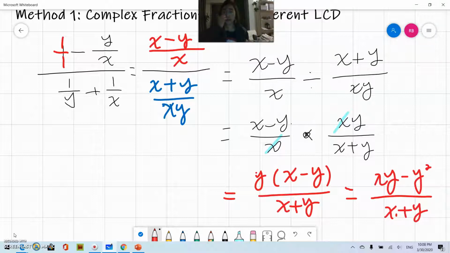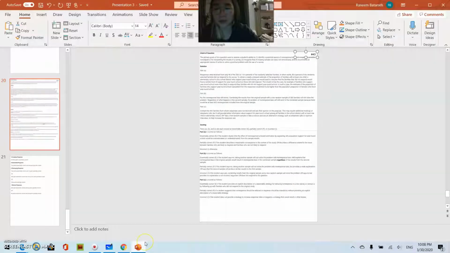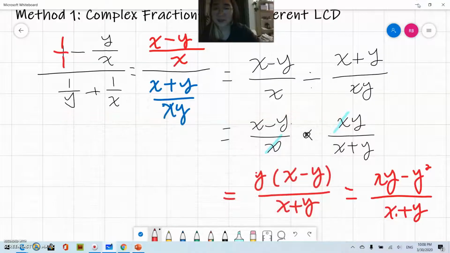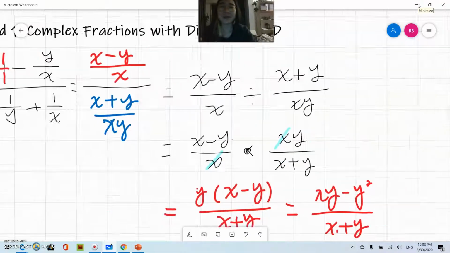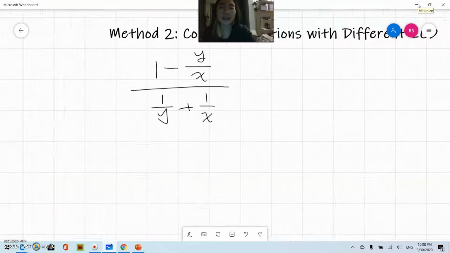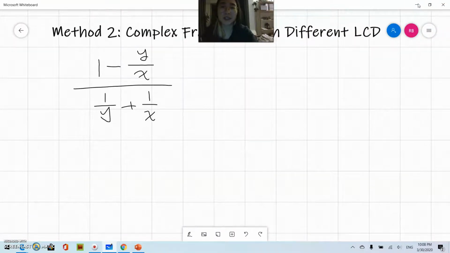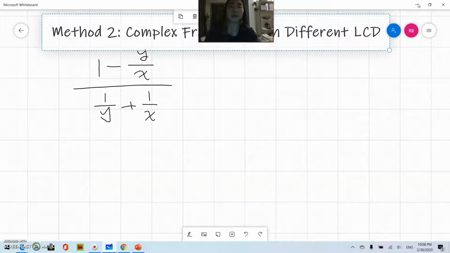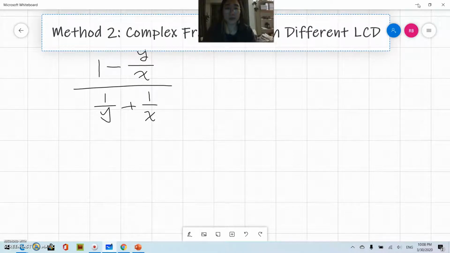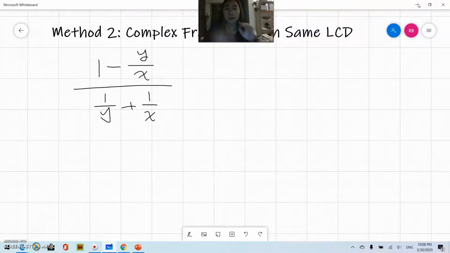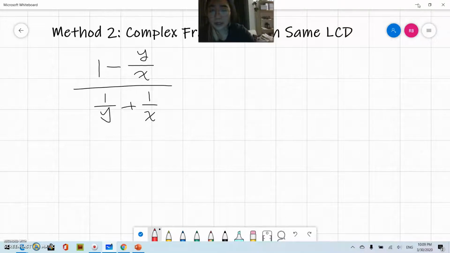Okay, so that's method 1 that the textbook is explaining. Method 2, when they say complex fraction with the same LCD, is that instead of looking at the fractions separately, you're just going to look at the denominators and find the LCD of all of them. So how it's looking at it is this.